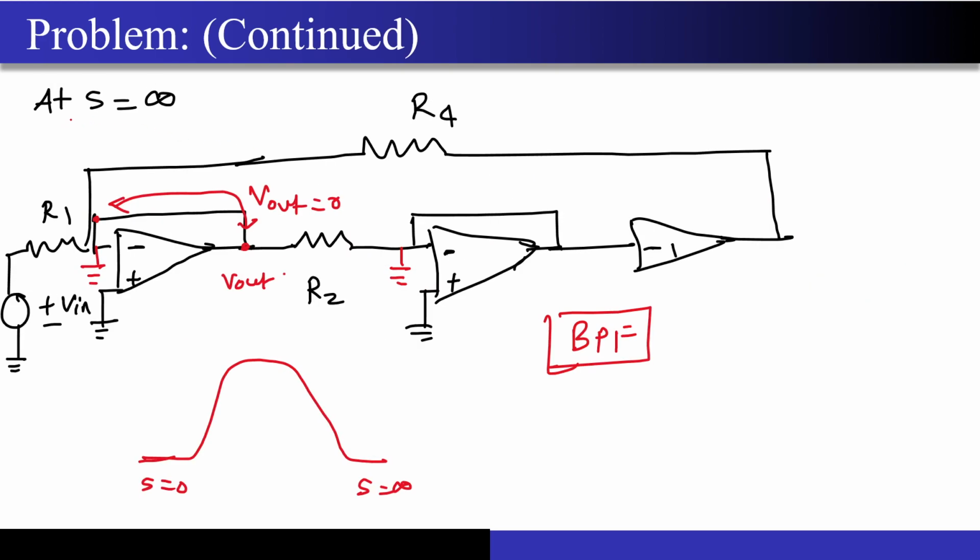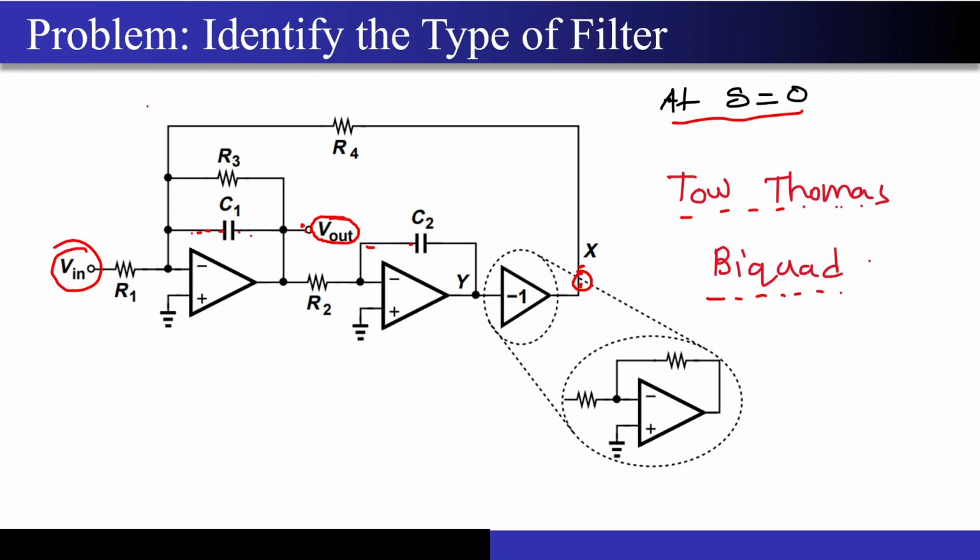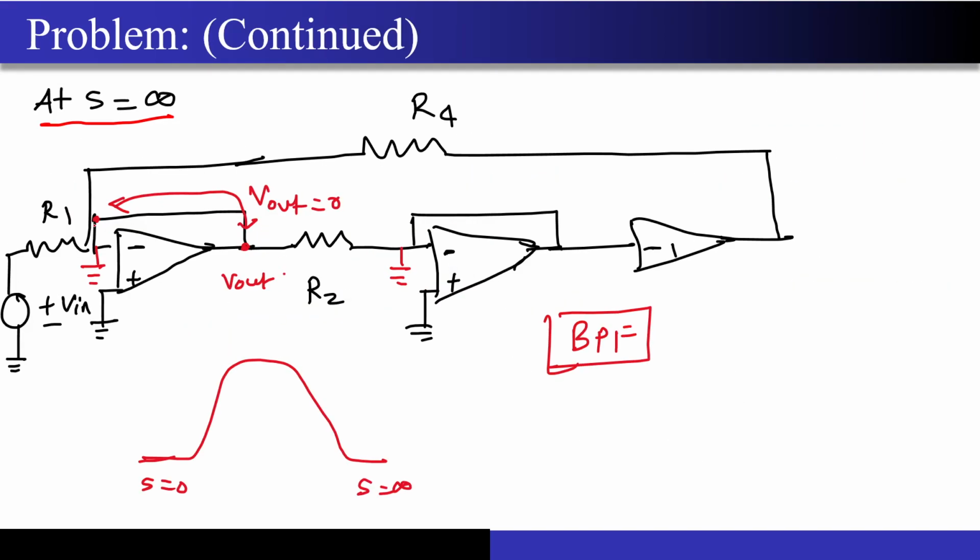Now when you move to s equal to infinity, what can you do? See, when you do s equal to infinity, this is acting as a short circuit, even this is acting as a short circuit, right? So the new circuit will look something like this. And now you can readily apply a virtual ground over here also, correct?